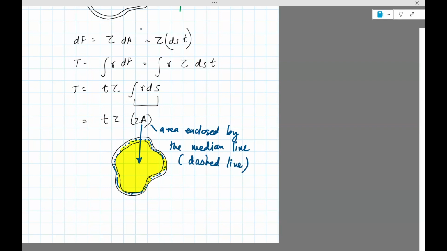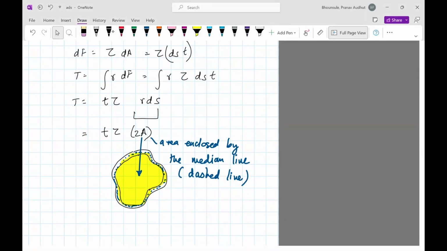That integral of r ds is twice that area.